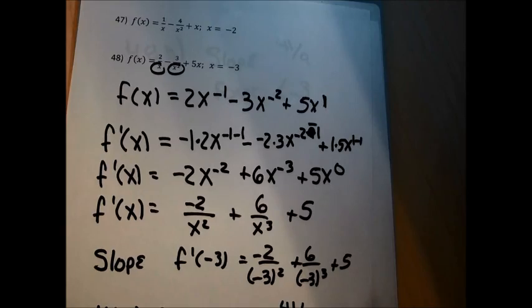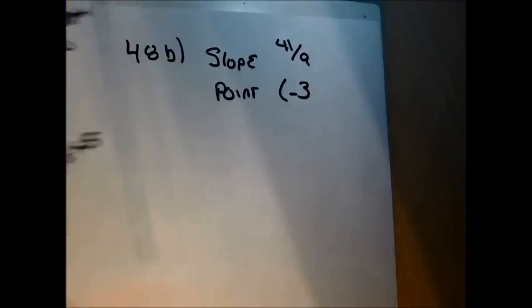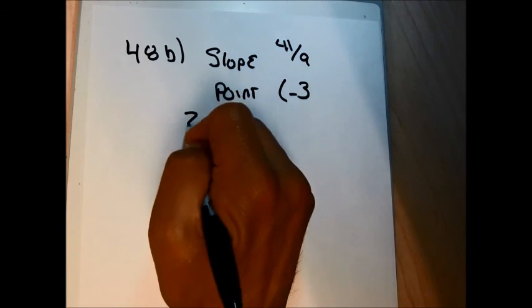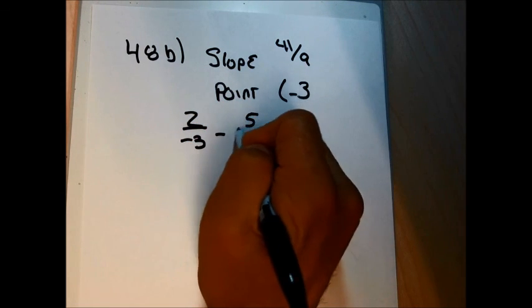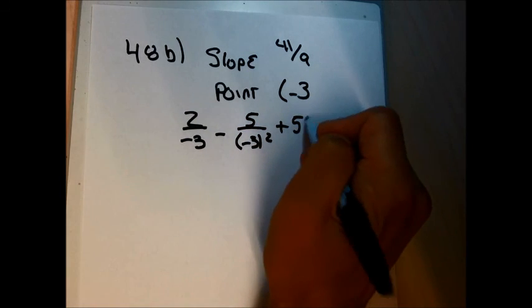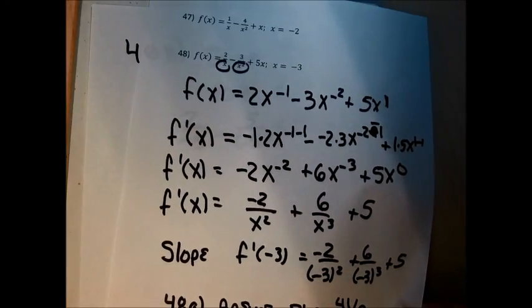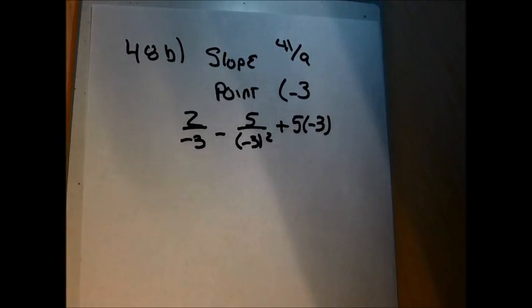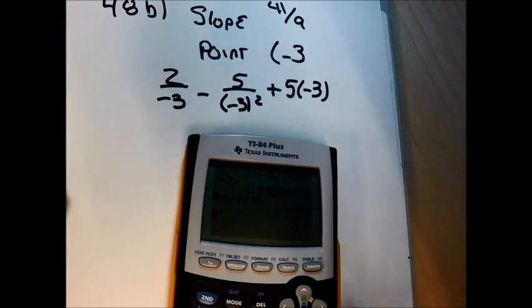I'm going to get the y-coordinate by plugging in negative 3 for these x's that you can barely see anymore. So the y-coordinate, I'm going to go 2 over negative 3 minus 5 over negative 3 squared plus 5 times negative 3. That's going to the original function, changing the x's to negative 3. And again, I'm just going to use my calculator to get the y, so I'm not feeling so motivated to do those fractions by hand.